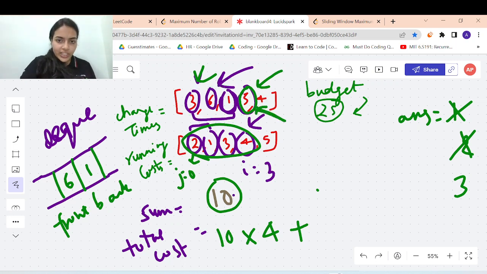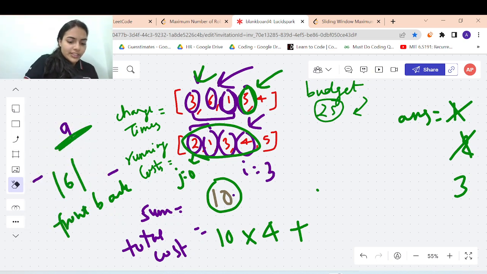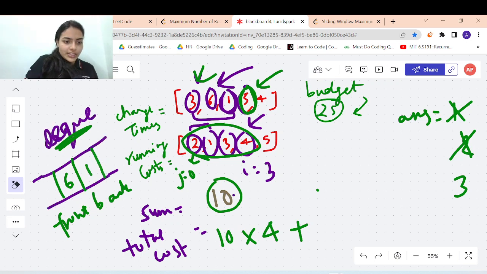For finding the maximum value, till now we are just not removing any elements. Till now we have just taken all the 4 elements. So 3 is the current element in the array. Where will you add it? You will add it in the DQ. You cannot ignore 3 because maybe in future cases 3 can be your answer, right? So you will push it in the backside. In the backside, when you are trying to push, already 1 is sitting. Since 1 is sitting already, this 1 is useless, right?